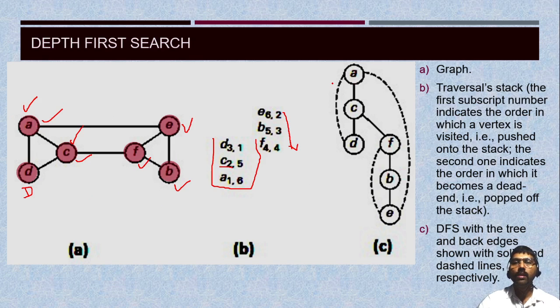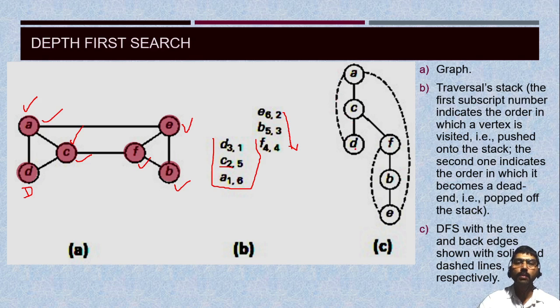Now this is actually a tree which shows how the visiting or the traversing will be done. This solid line indicates the adjacent node which is visited, and this dashed line indicates the back edges.